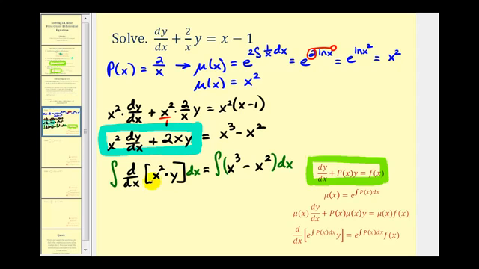So looking at the left side, the integral and the derivative are going to undo each other, so we're left with just x squared y equals, integrating this back to x, we would have x to the fourth divided by 4, or 1/4 x to the fourth, minus x to the third divided by 3, or 1/3 x to the third, plus our constant of integration. And now to solve this for y, we just need to divide both sides of the equation by x squared.